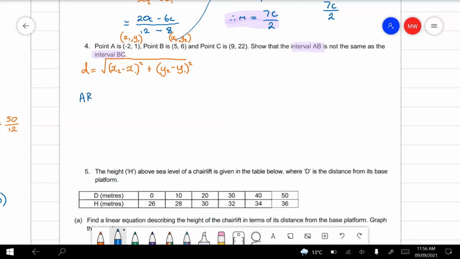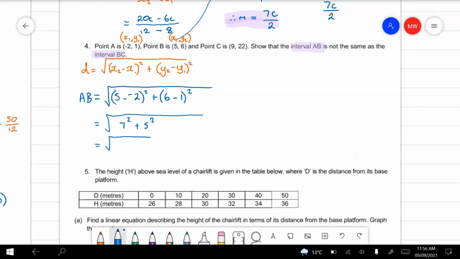So AB will be the square root of x2, which is 5, minus negative 2 all squared, plus y2, which is 6, minus 1 all squared, which gives me 7 squared plus 5 squared, which is 49 plus 25, which is the square root of 74.